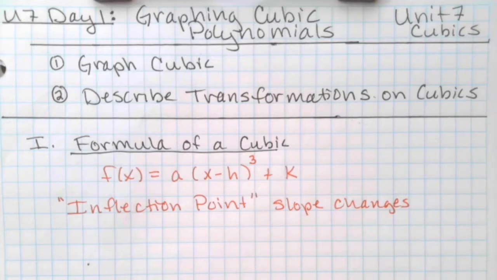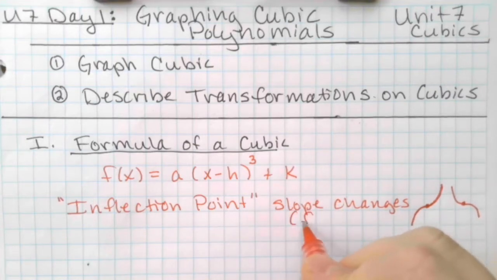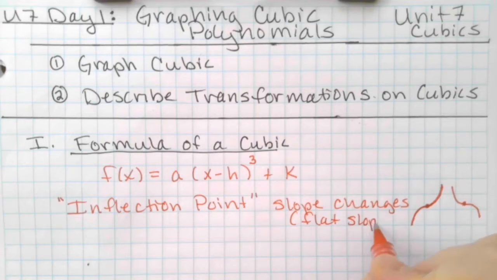So it either goes from rising and then rising there or coming down. But you can think of it kind of where the slope changes to where it's flat. It's a fairly flat area. So a flat slope. It's also the exact middle of the graph, so it is important in terms of shape.